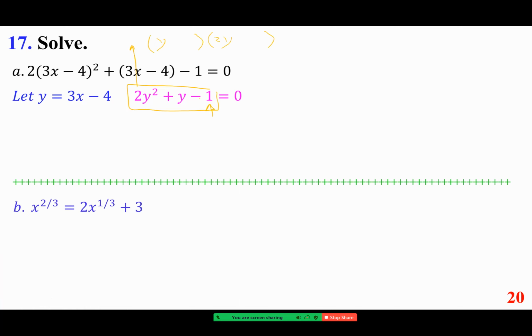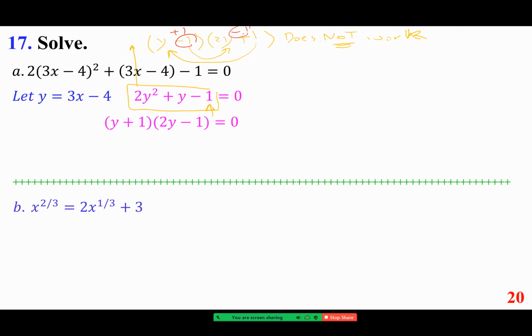And since this is 1, you have no choice but to put 1 there, one of them negative, one of them positive. So you can put negative 1 here, positive 1 here, and see whether the middle term works. This is negative 2y plus y, and that gives you negative y, so that doesn't work. So what do you do? You put plus 1 here and minus 1 here, and it does work.